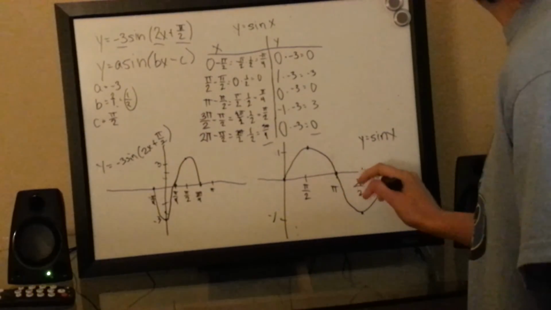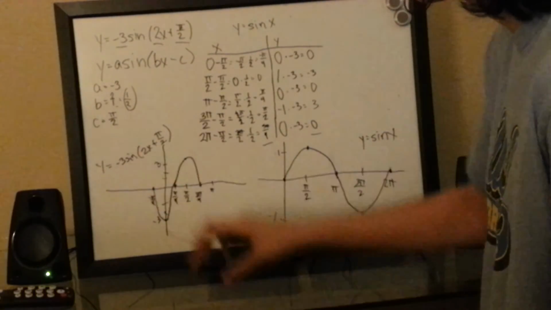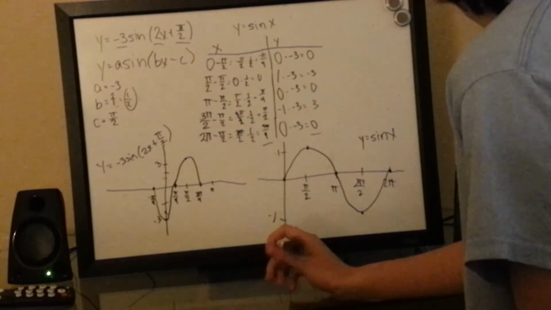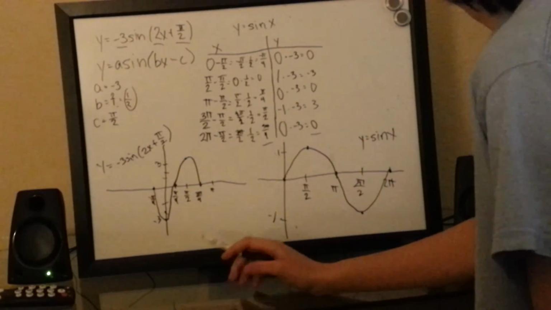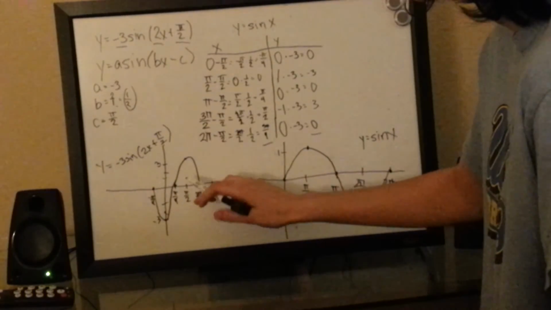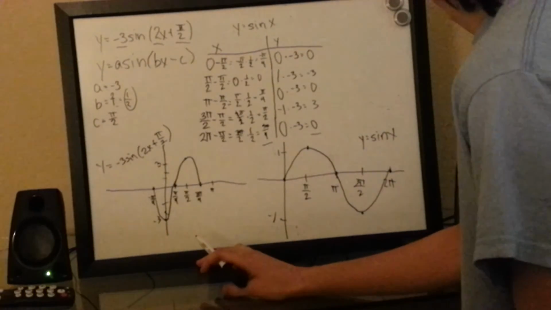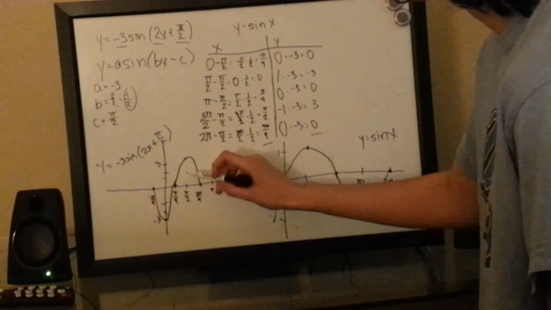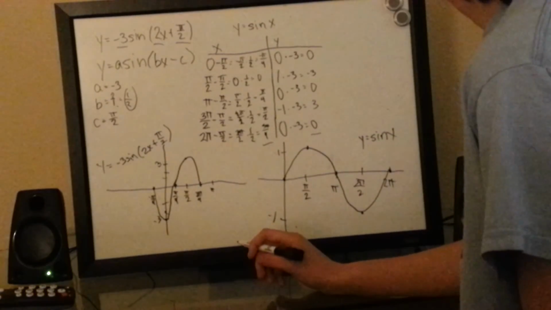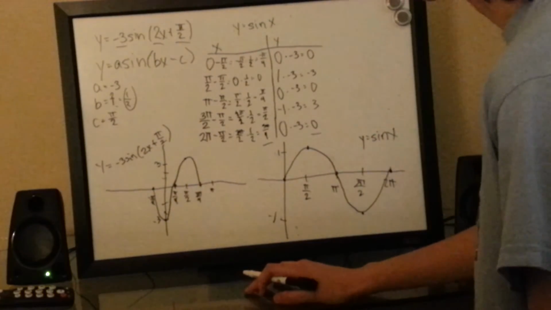So this is our parent function, and this is the function that we were trying to graph. Notice that it's shifted to the left compared to our parent function. It's taller than our parent function, and it's reflected across the x-axis.